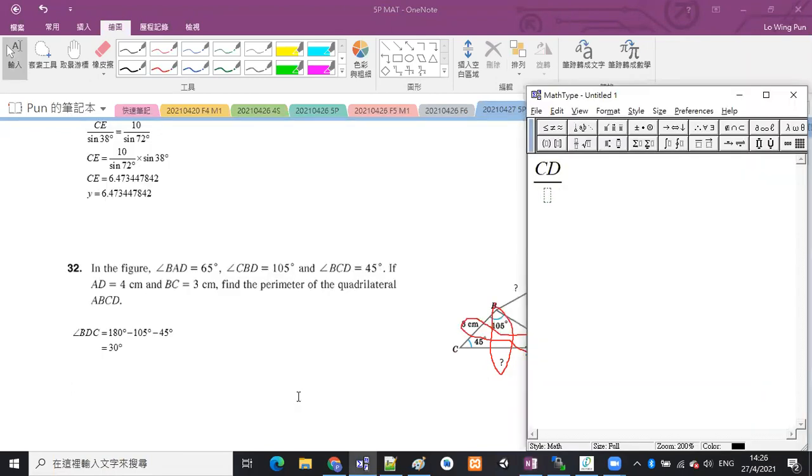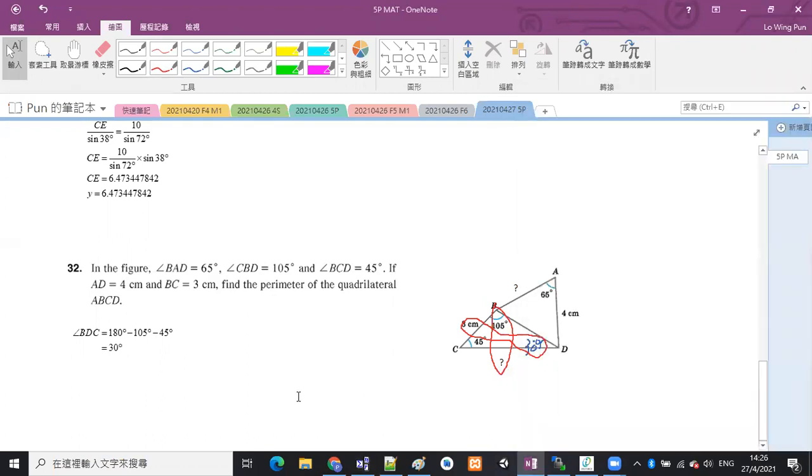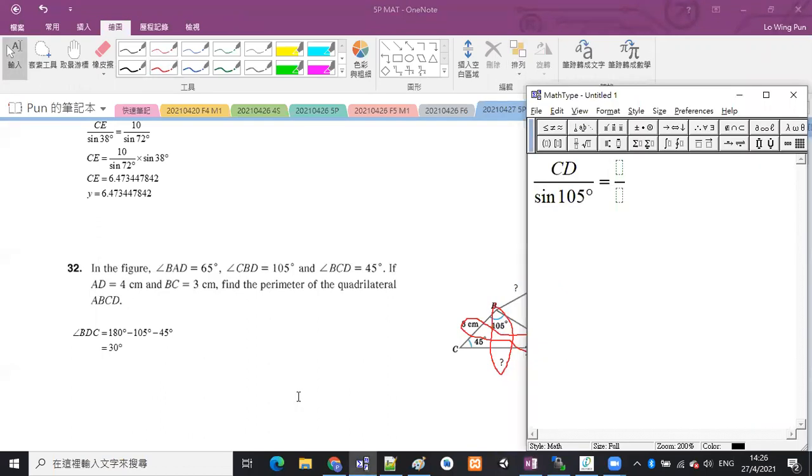So CD, I want to find CD. So CD on the top left corner divided by sine 105 degrees is equal to the other pair. We have to use the given pair. So that should be 3 cm over sine 30 degrees. Okay? And then CD is equal to 3 over sine 30 degrees times sine 105 degrees.